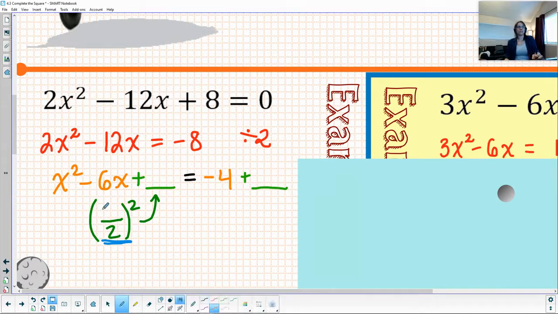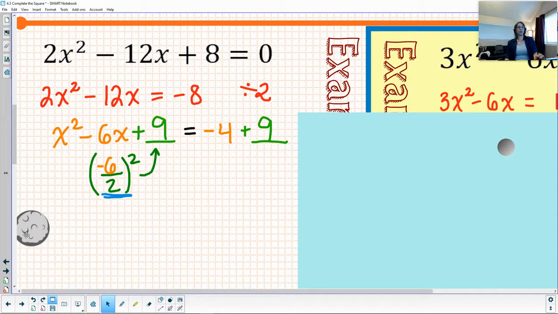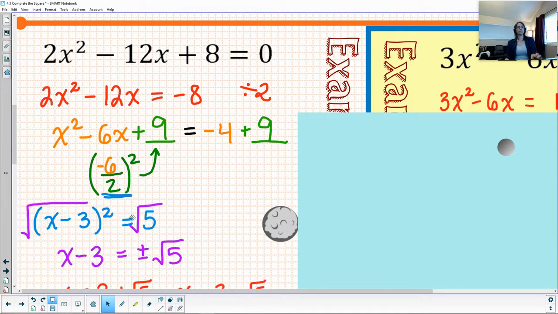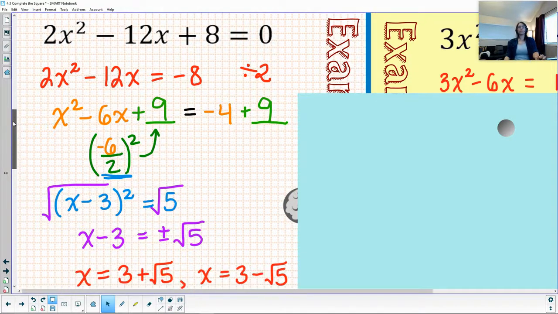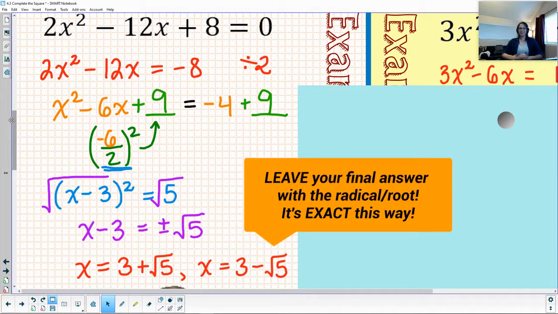All right, well, I'm going to take that middle piece, divide it by 2, and square it. Okay, so I'm going to add 9 to both sides. Perfect square trinomial, which worked out really nicely. I square rooted both sides, positive and minus, and then I have 2 solutions. So here's the thing.